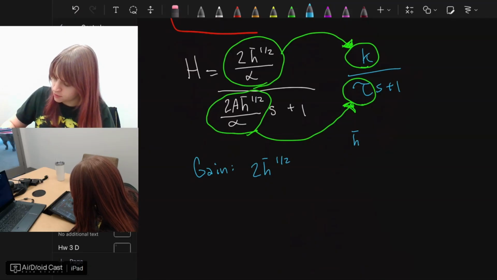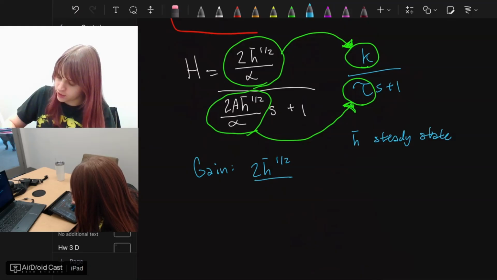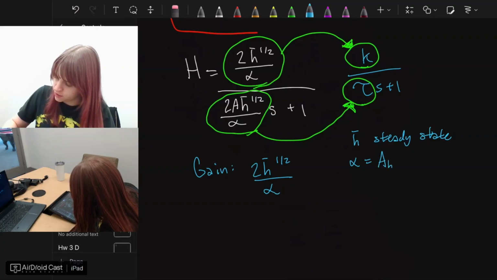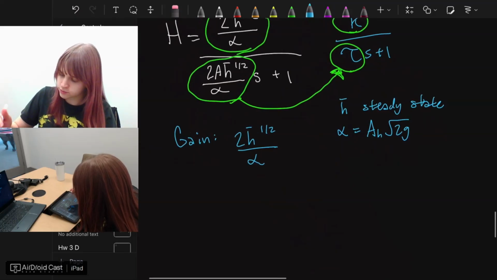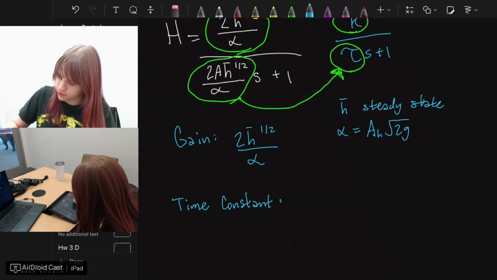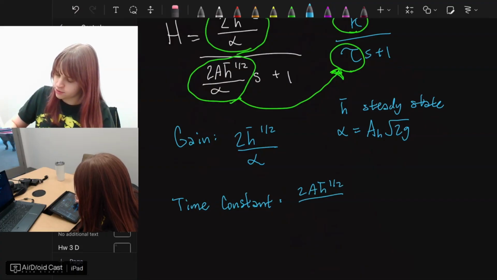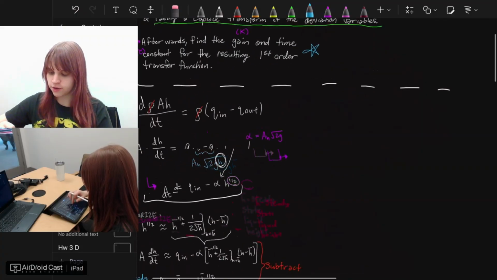Again, h bar is the steady state, divided by alpha, alpha being the area of the hole times the square root of 2g, and then the time constant looks very similar, but includes the area. And so there we go.